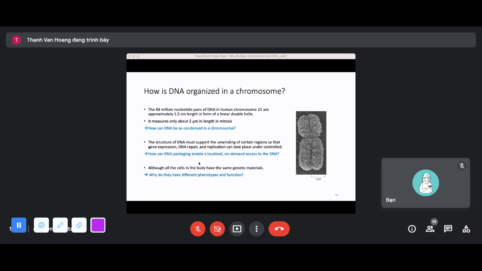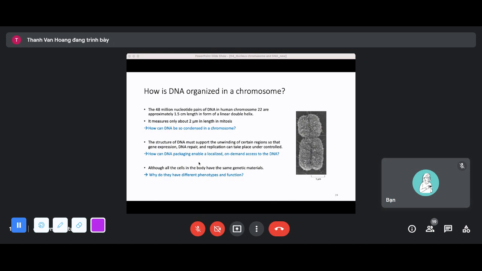So the DNA packaging system has to be flexible enough to give, let's say, on-demand access to the DNA. When the cells need them, protein complexes have to get access to the DNA in the exact region where it's needed, right?